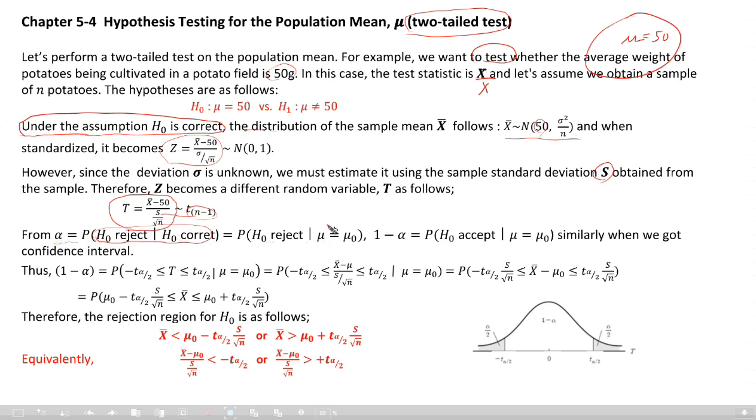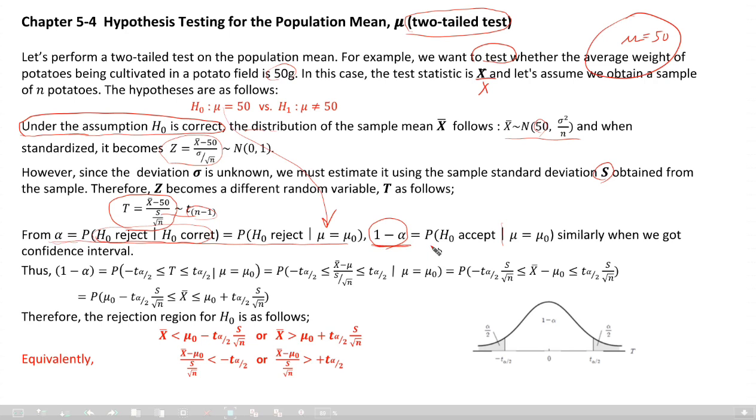Mu equal to mu 0, given H0 rejected. So how about 1 minus alpha? If alpha is like this, then H0 is accepted. 1 minus alpha is mu equal to mu 0, under this condition H0 accepted. What is this 1 minus alpha? 1 minus alpha is the confidence level for mu.